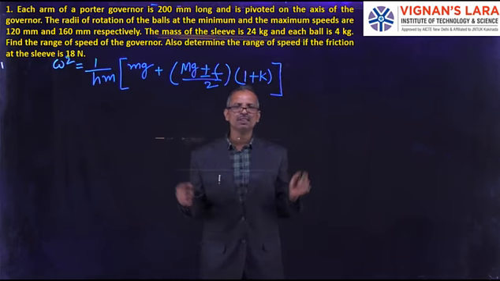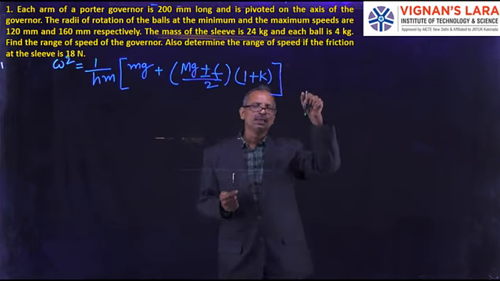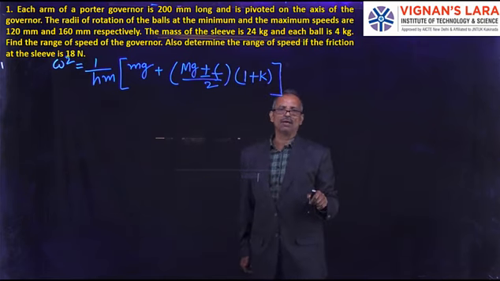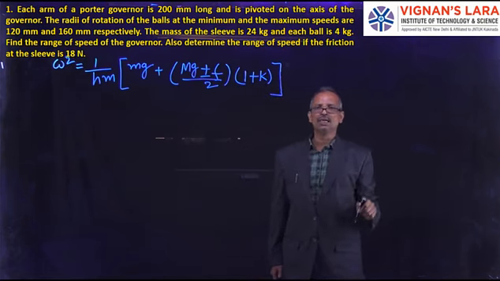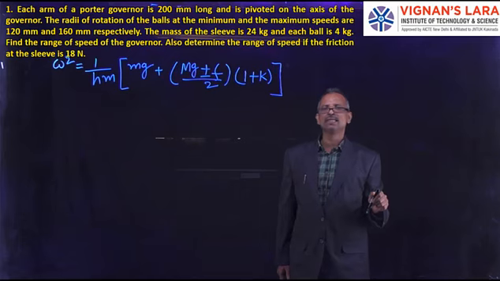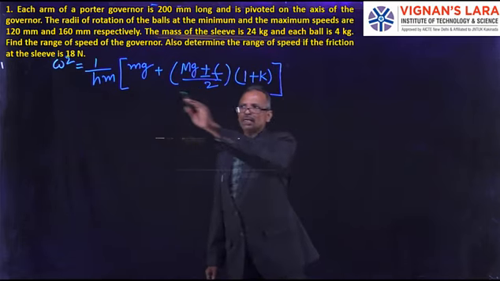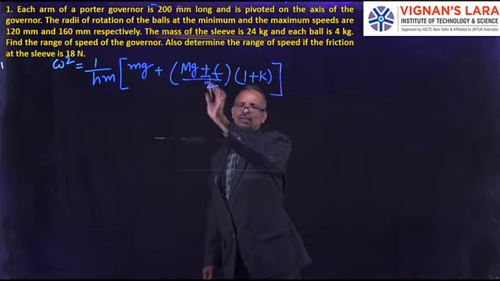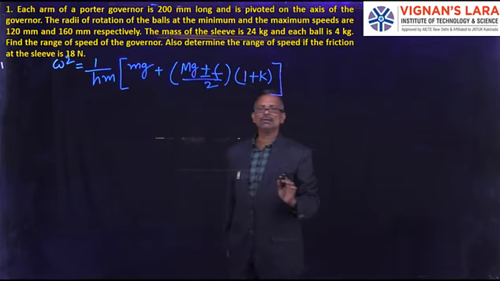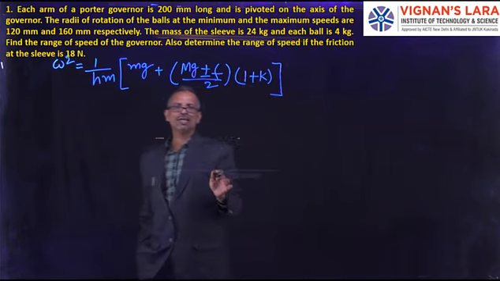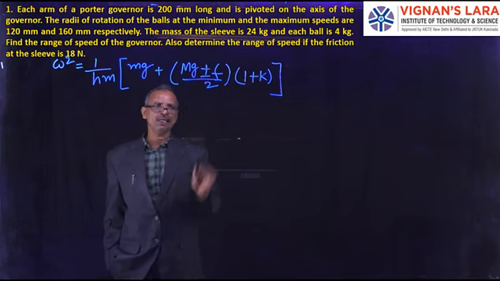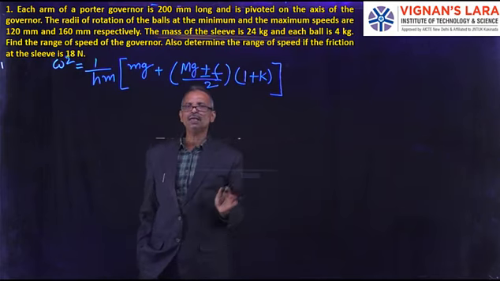When the sleeve is moving up, then the friction will be in the downward direction. So when the friction is downward, that adds to the self weight. So there we add plus. So based upon that, at lower speeds it is minus and at higher speeds it will be plus.